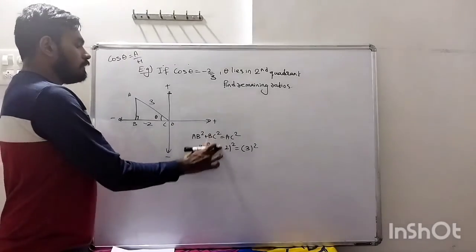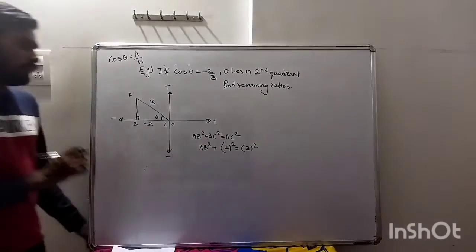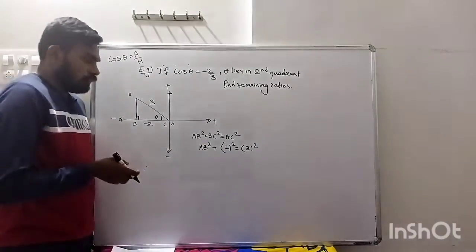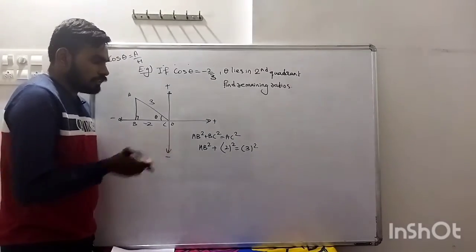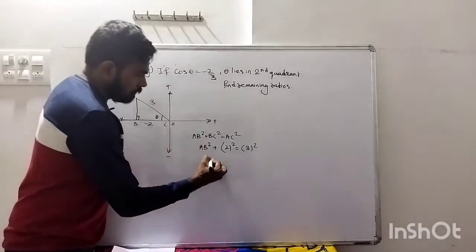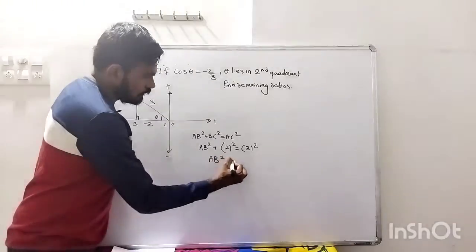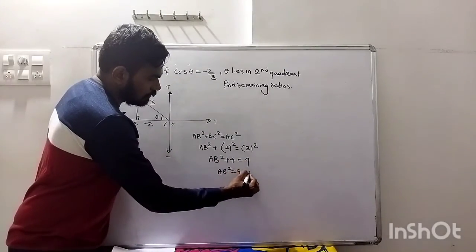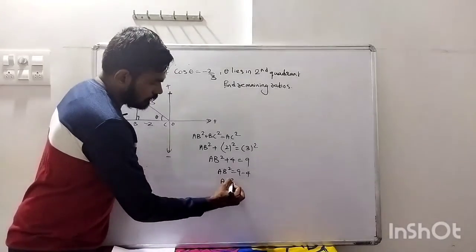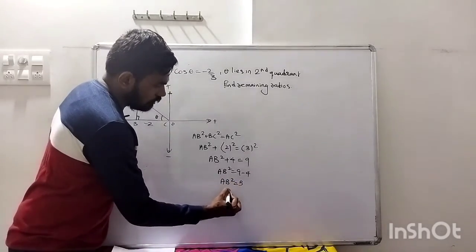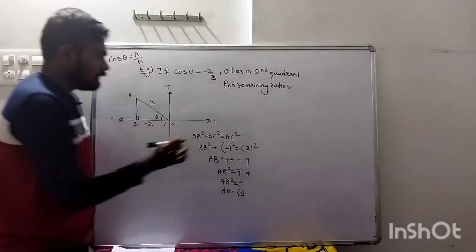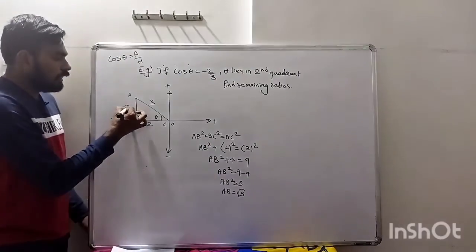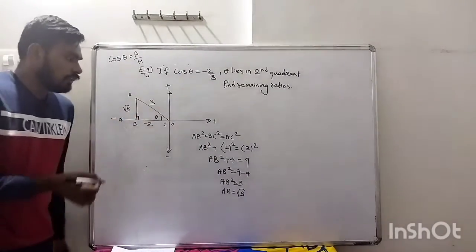For trigonometry, don't take signs here, though there is no problem even if you take signs. Directly you can take. So AB square equal to 9 minus 4, AB square is equal to 5. So AB is what? Root 5. And see, this is up here, it is positive.